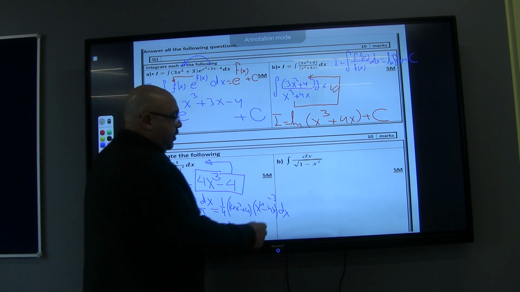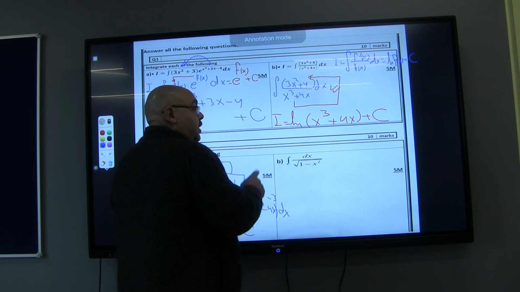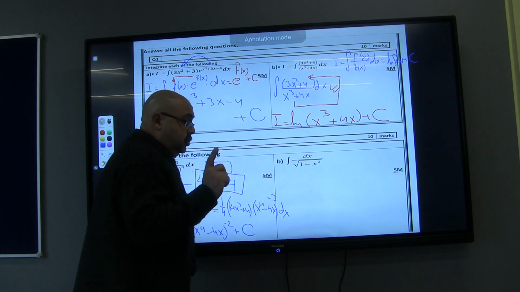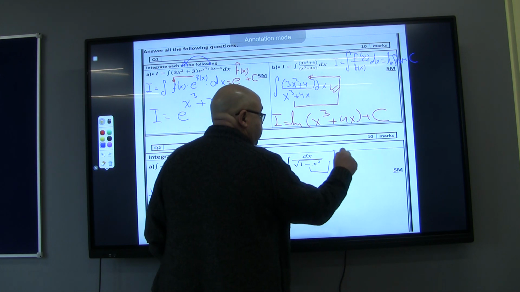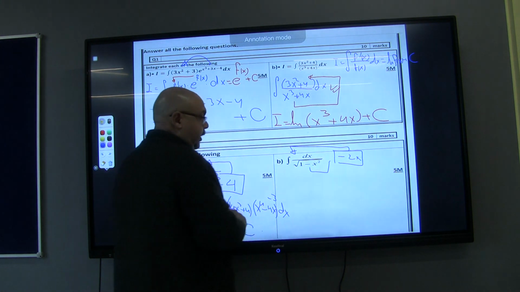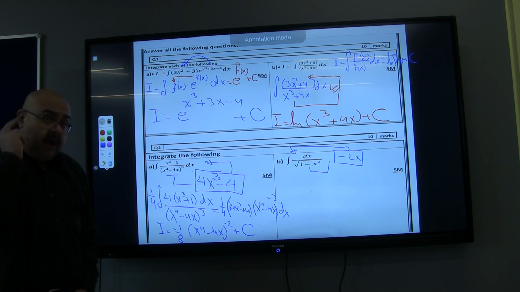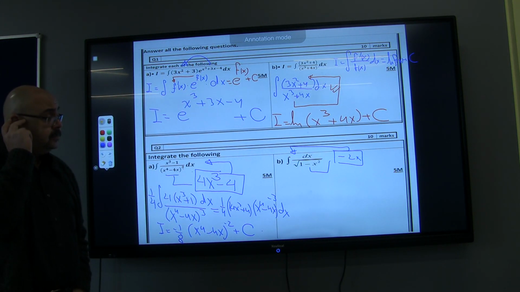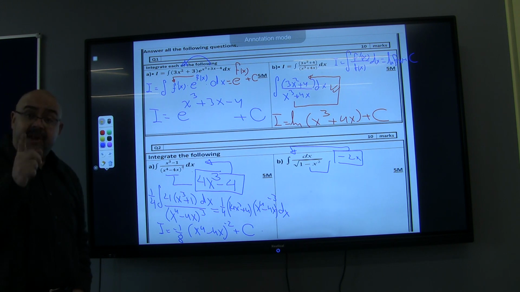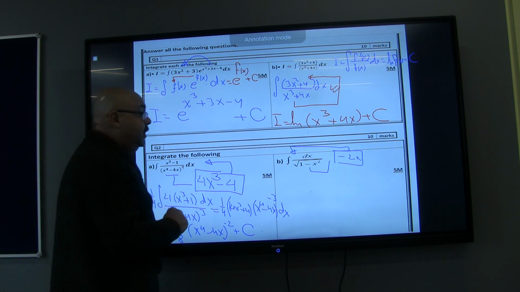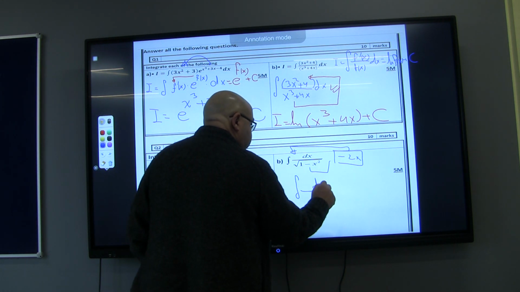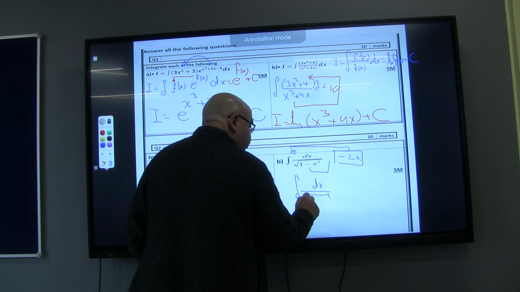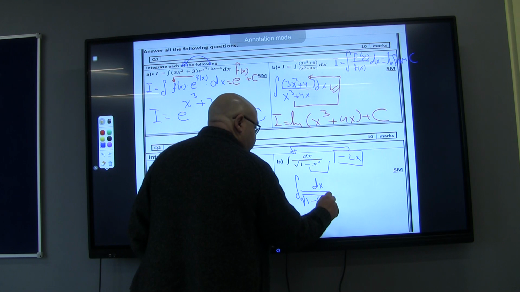If I go to the other problem, as you can see, the derivative of the denominator, which is negative 2x, doesn't exist on the numerator. This way I will have to memorize, yes, it's the inverse trigonometric functions, and it is satisfying this rule, integrating dx over the square root of 1 minus x to the power of 2.